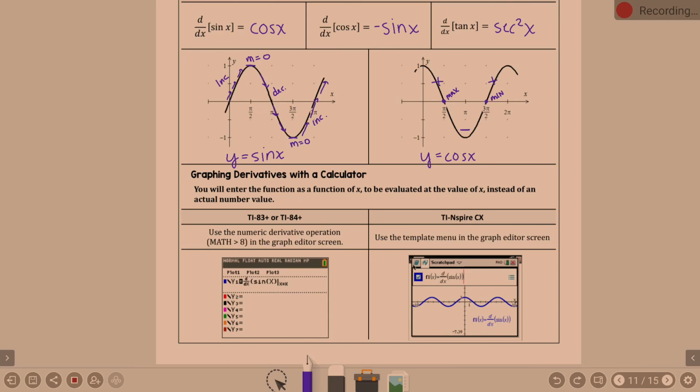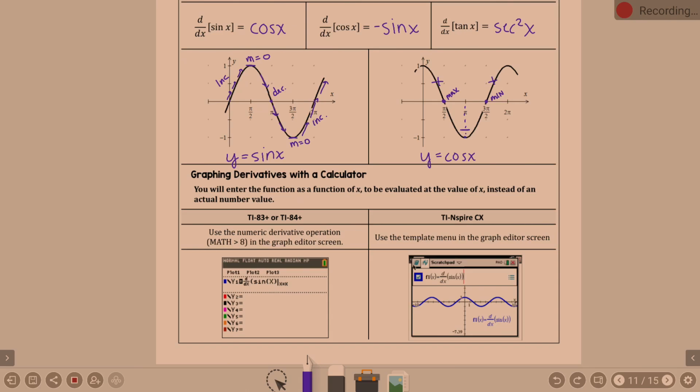I'm trying to think, was there anything else I want to connect here? The other thing we can connect: right here, notice there's a 0.